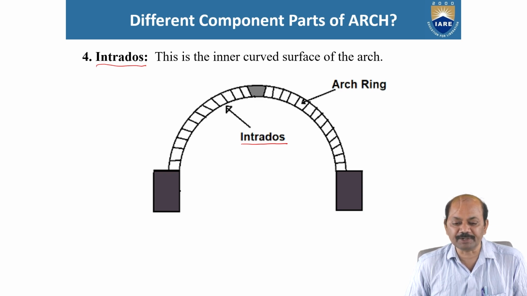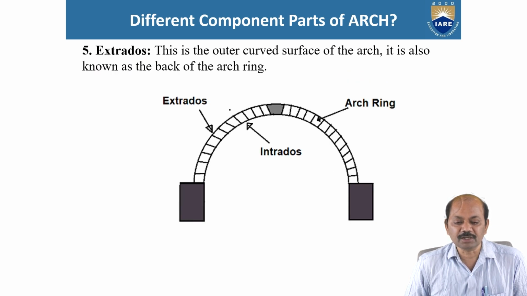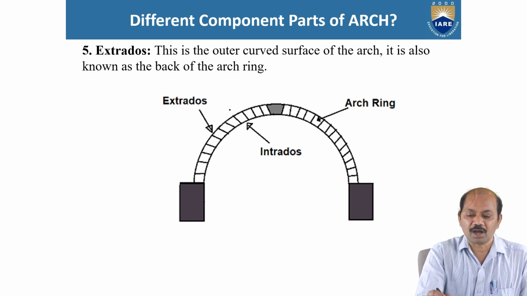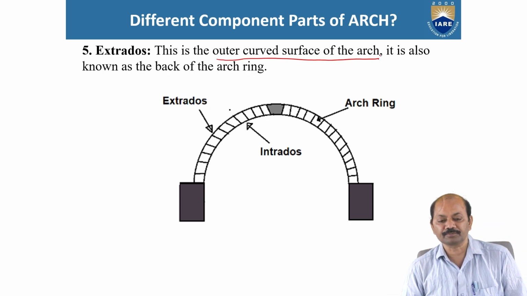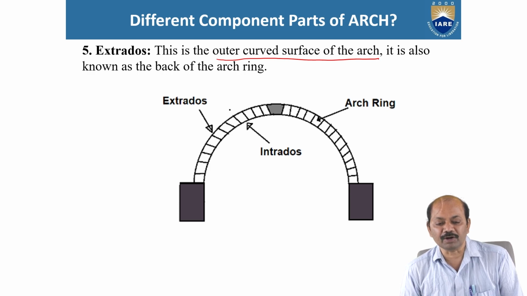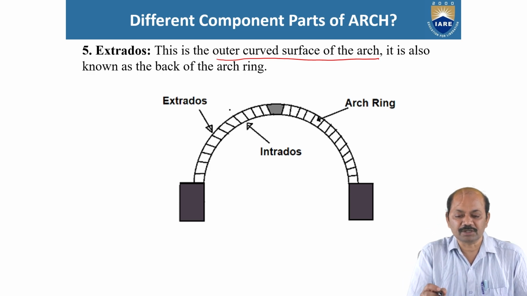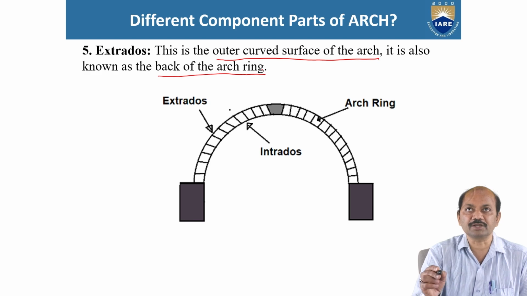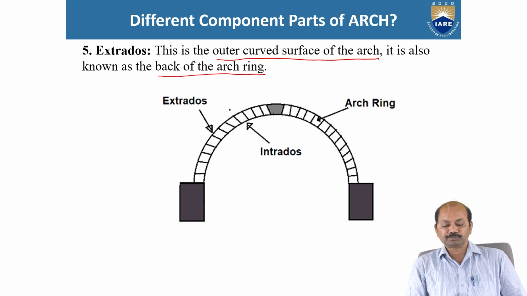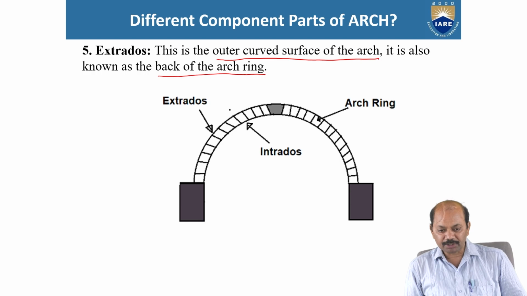Now the fourth part is completed. Next is extrados. Intrados means inner, extrados means the outer curved surface of the arch. And one more name for this is the back of the arch ring, right?